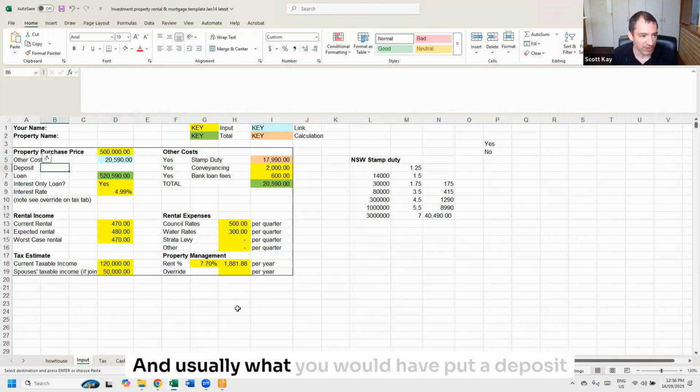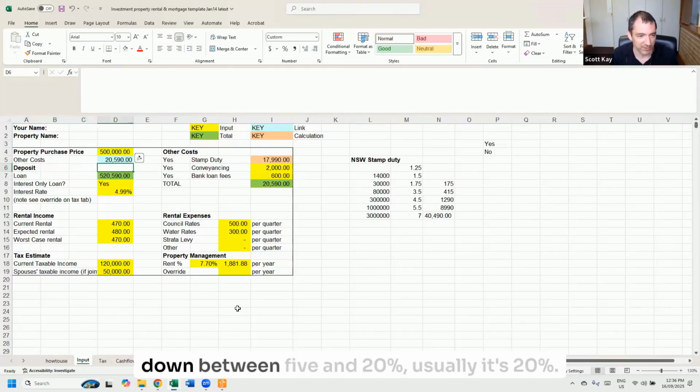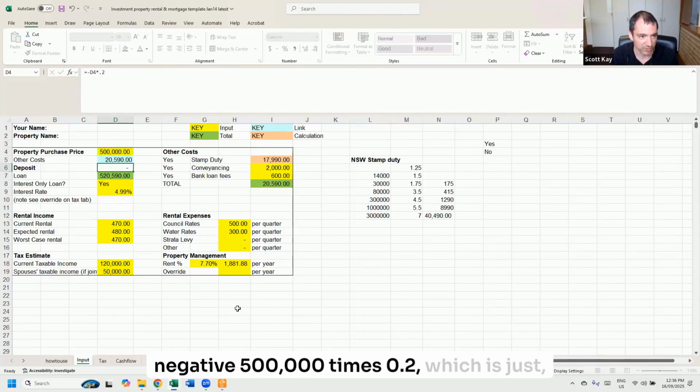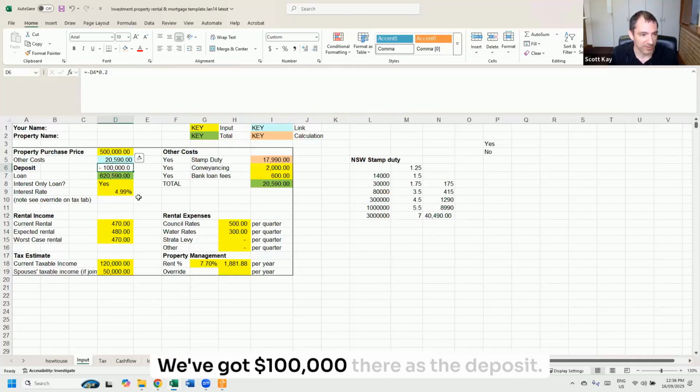And usually you would put a deposit down of between 5 and 20%. Usually it's 20%, so I'm just going to put that. I'm going to put a negative $500,000 times 0.2, which gives us $100,000 as the deposit.